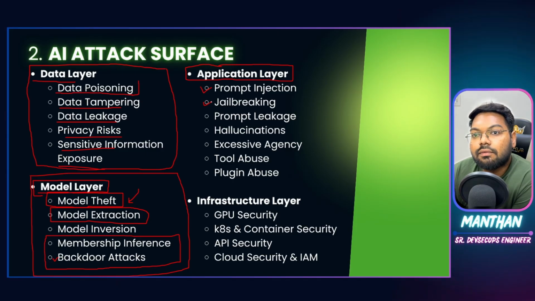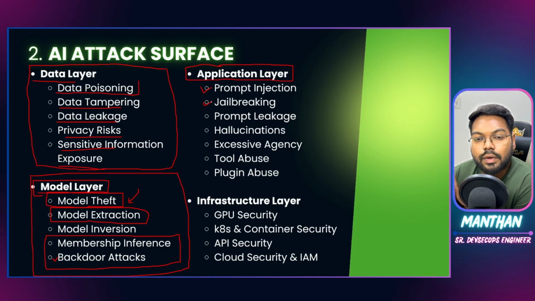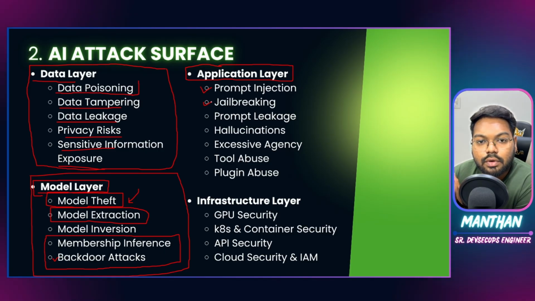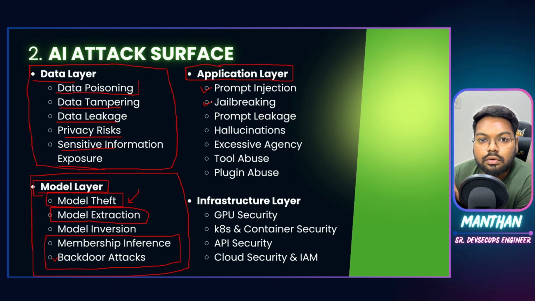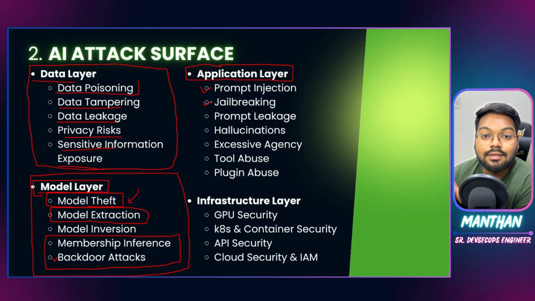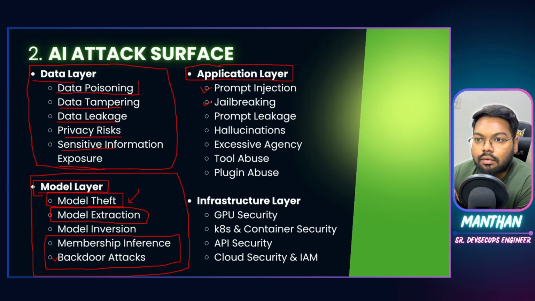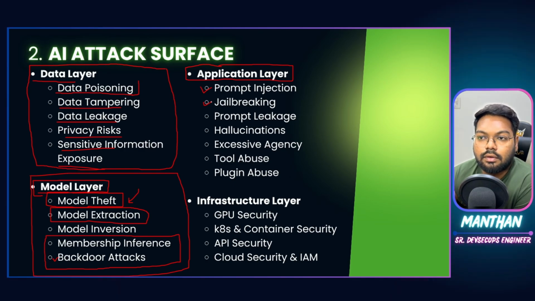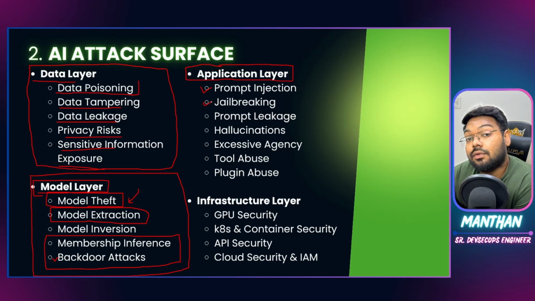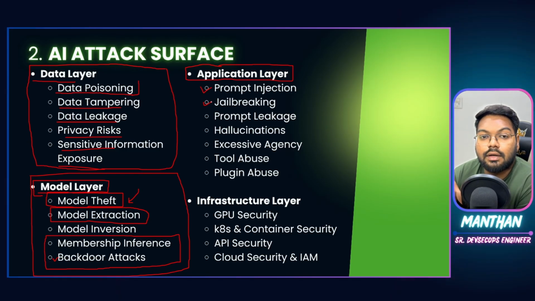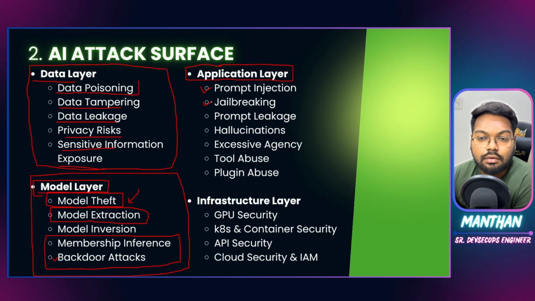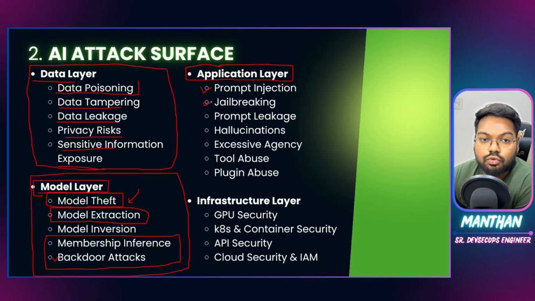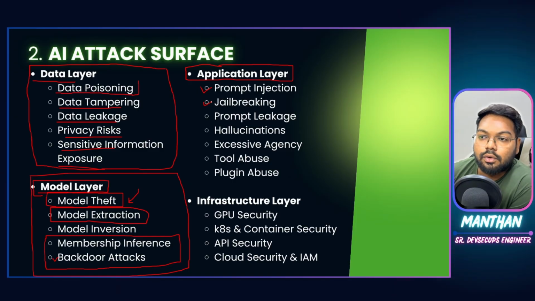So if someone prompts it in such a way that the guardrails or whatever the security measures you have applied to your output giving or answer giving patterns or functionality, it is tampered. If someone gives a certain prompt and then it gives the output of nuclear bomb recipe, then it breaks out of its own chain or guardrails, and then it behaves in a way that it is not supposed to do. That is a jailbreaking scenario.